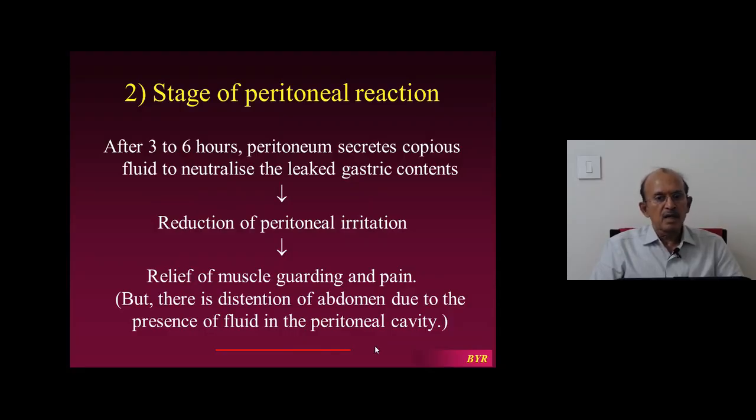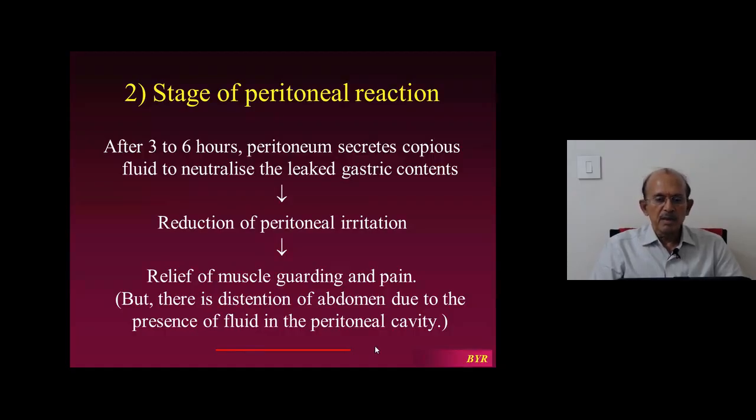Though the patient feels comfortable, you should not leave the patient. You must investigate the patient to know the underlying cause. So please remember this. Whenever an acute pain abdomen patient comes to your clinic, you have to focus on the abdomen, that is true, but you must also examine and count the pulse rate.